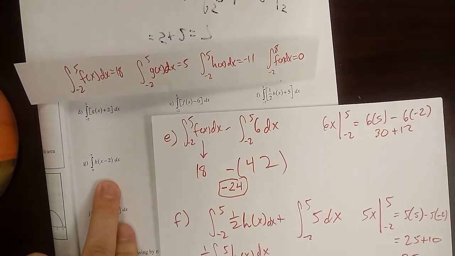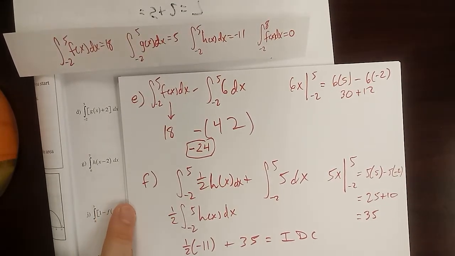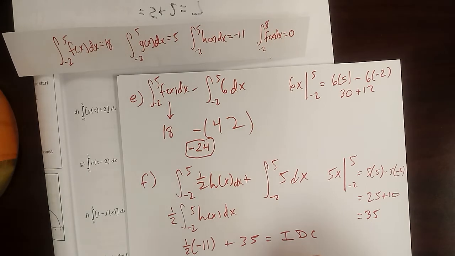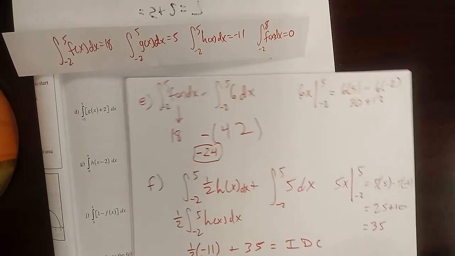Let's see, G. Now G gets a little more fancy. How would he want us to talk about this? I think he wants us to just talk about this geometrically.